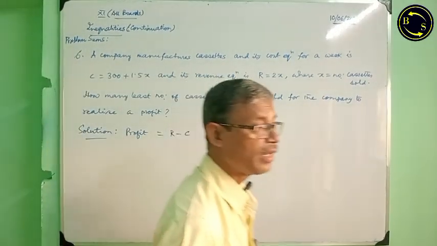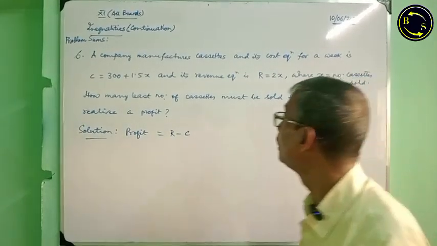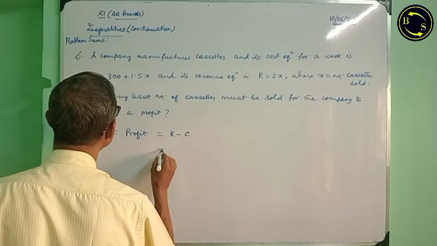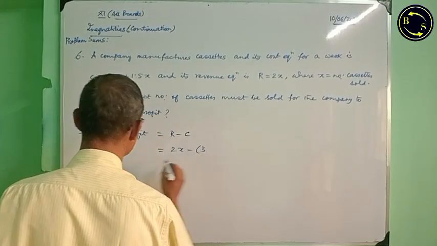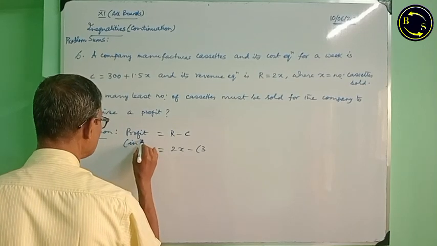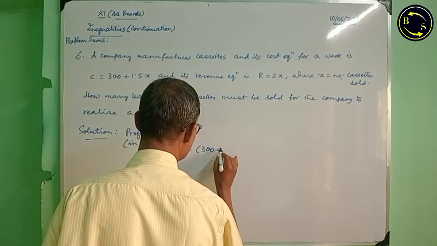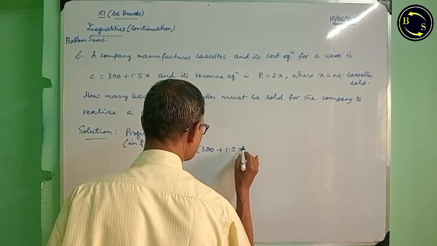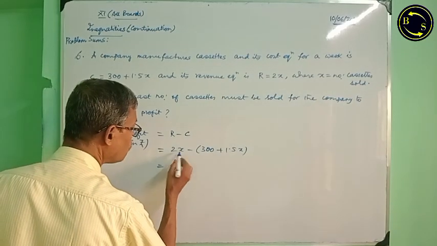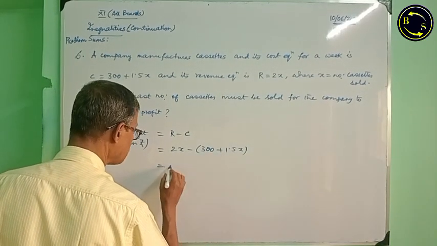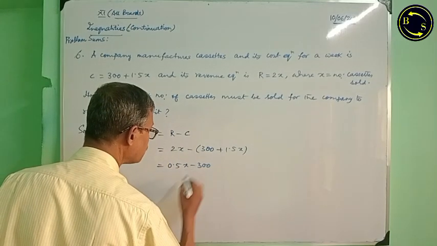Revenue must be greater than the cost price, therefore this one. Now we put values 2x minus, actually in rupees, 300 plus 1.5x, that is equal to 2x minus 1.5x means 0.5x minus 300.